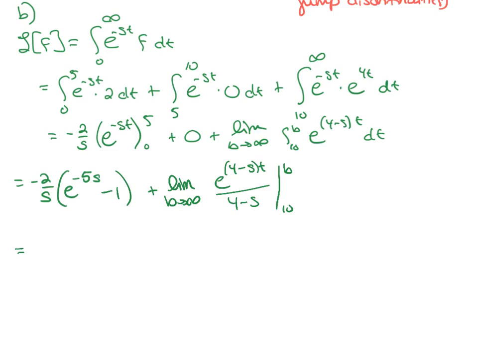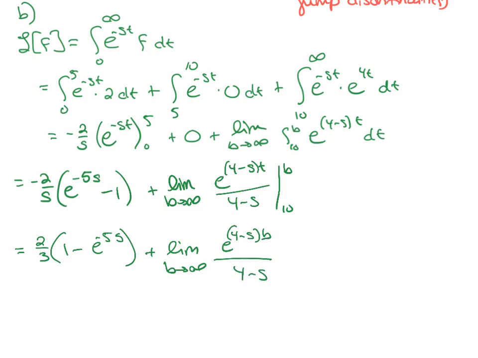And when I rewrite my first expression, how about we make this 2/s times 1 minus e to the negative 5s. Okay, plus the limit as b goes to infinity of e to the 4 minus s times b over 4 minus s, minus e to the 4 minus s times 10 over 4 minus s.